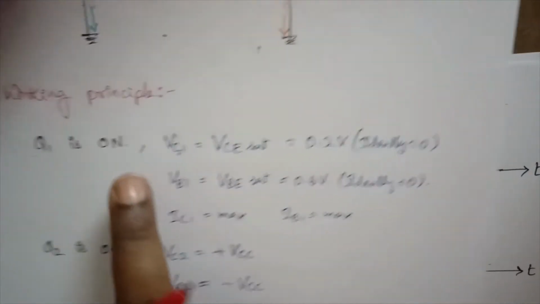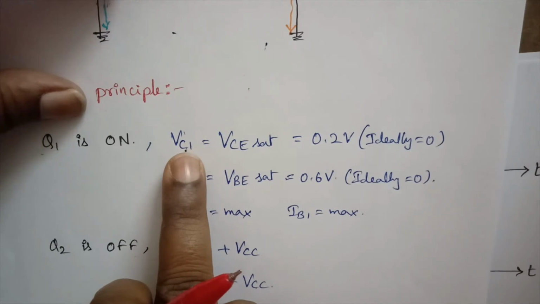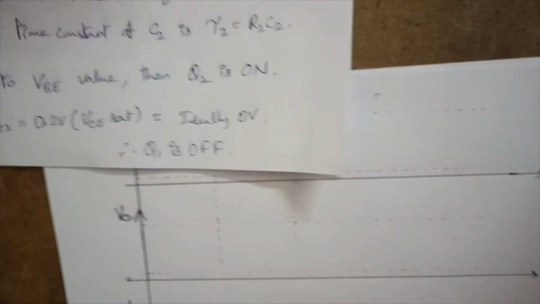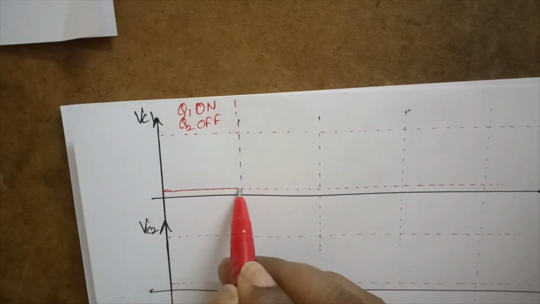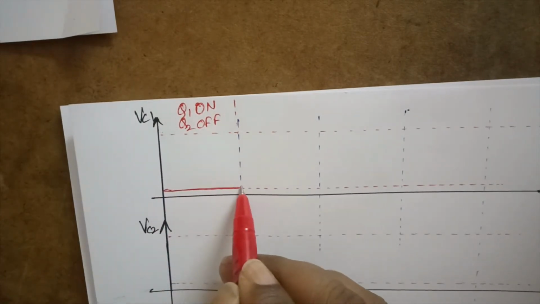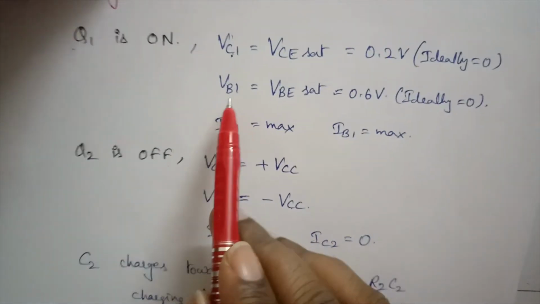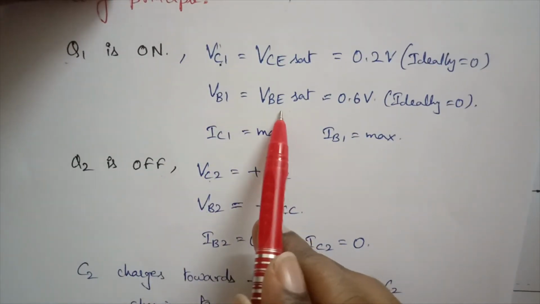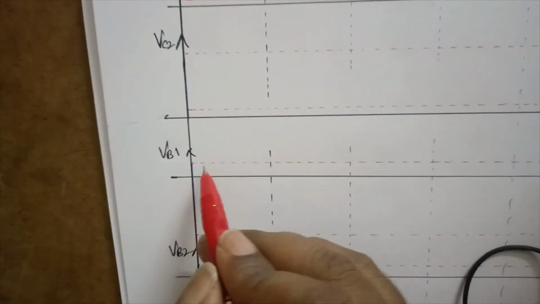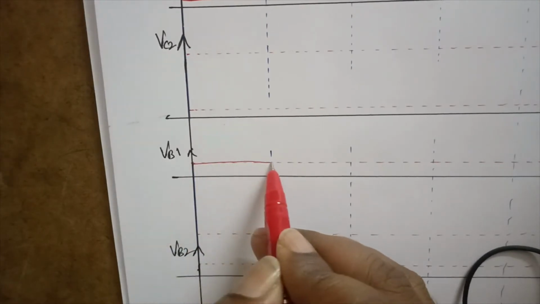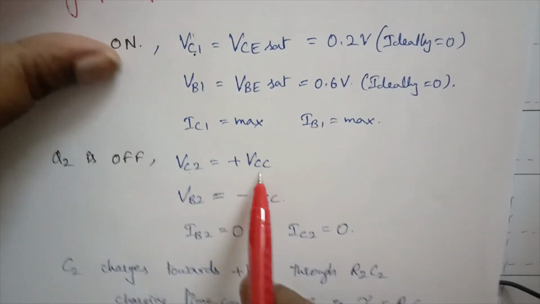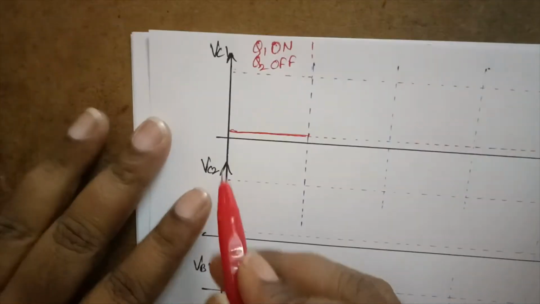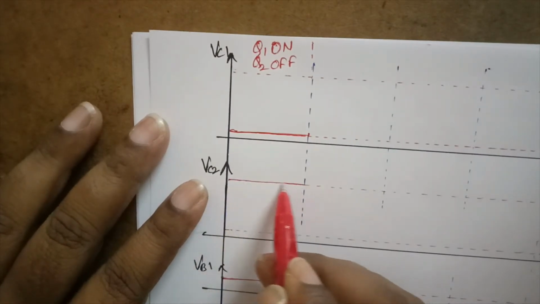For Q1 on, VC1 is equal to VC sat. So I start with VC1 equal to VC sat up to this point. Now VB1 is equal to VB sat. Next, VC2 is equal to VCC.